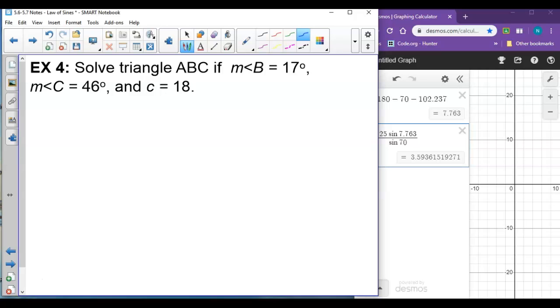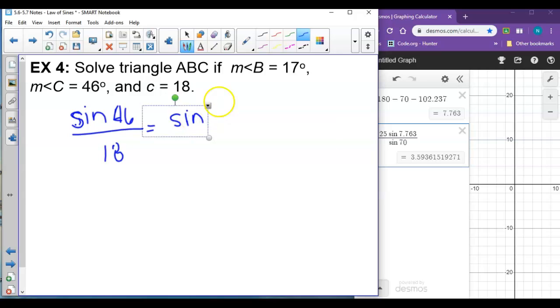I'm going to set up sine of 46 over 18, and that will equal sine of 17 over b.